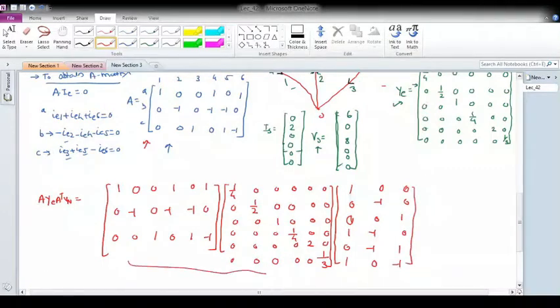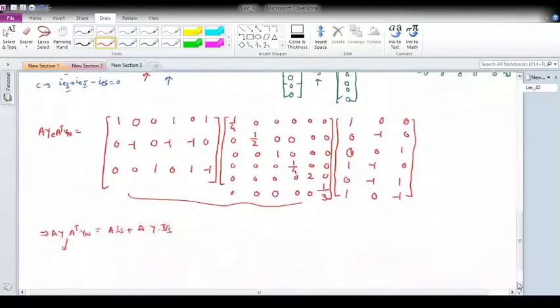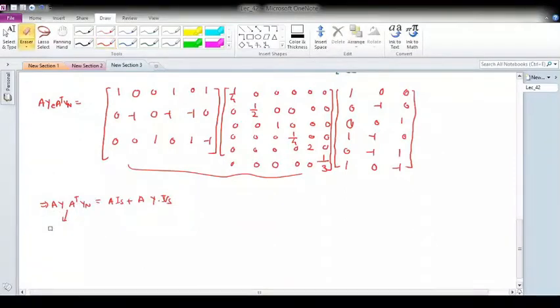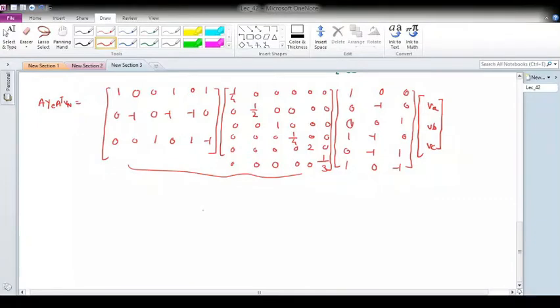Okay, so let us solve this, which is obviously my nodal admittance matrix, multiplied with one more vector, my Va, Vb and Vc. Basically Vn is a vector of the node voltages Va, Vb, Vc.